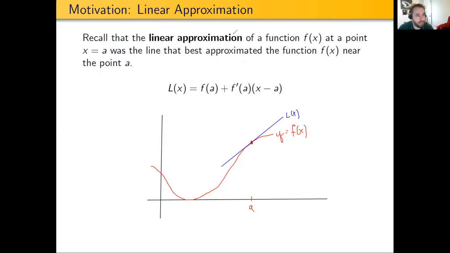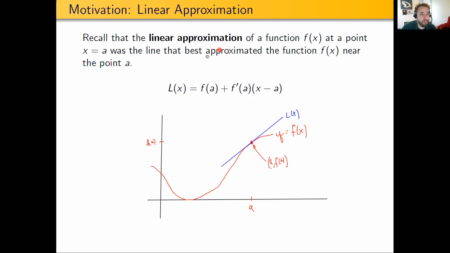We know that this line crosses through the point a comma f of a, and we know that this line has the slope given by f prime of a. And so with those two pieces of information and the point slope form of a line, we can write our equation for L of x in this form right here.